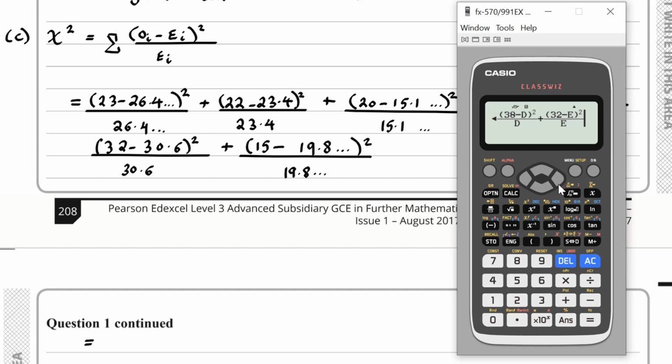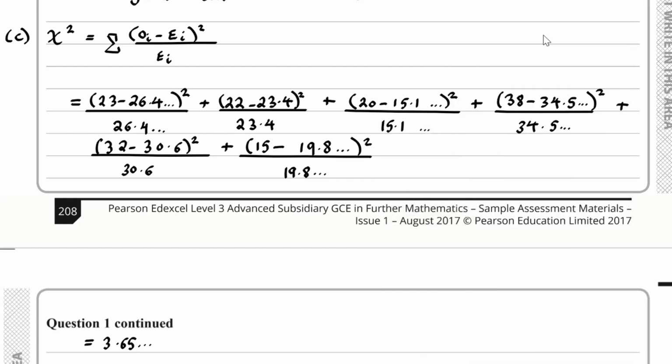And finally 15 minus f all squared over f. It turns out we get a value of 3.65, etc. So that's our test statistic.